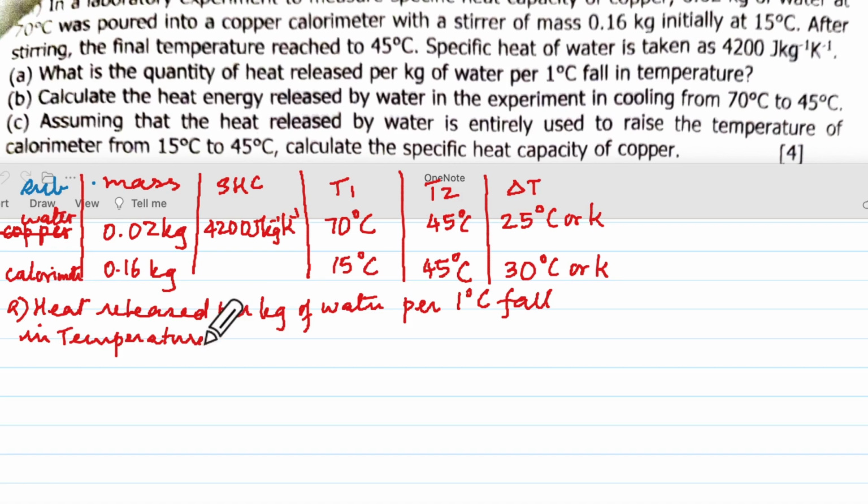Means it's SHC, no? What is the meaning of this? It is 4200 joules required for 1 kg to raise its temperature by 1 degree C, or to lower the temperature by 1 degree C. Those many 4200 joules will be given out. So the heat per kg of water per degree fall in temperature is going to be 4200 joules.